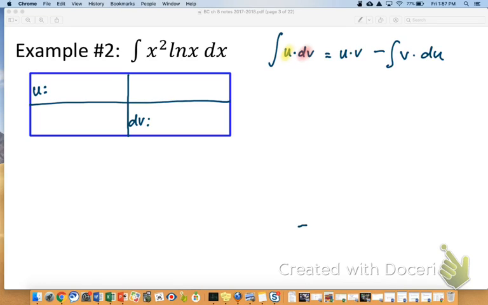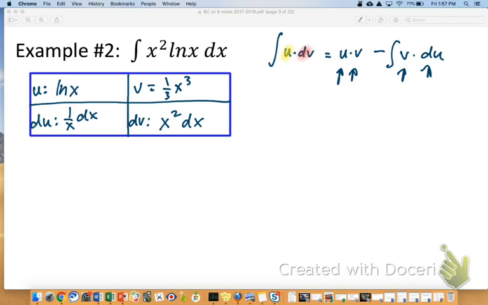So what you've got to do here is make x squared dx your dv, and your u would be ln of x. This is how this particular one works out, and we'll talk about the pattern here in a second. So du, did you guys get 1 over x times dx? And then v would be 1/3 x cubed. So then I'm just going to plug those things in over here for my ultraviolet voodoo.